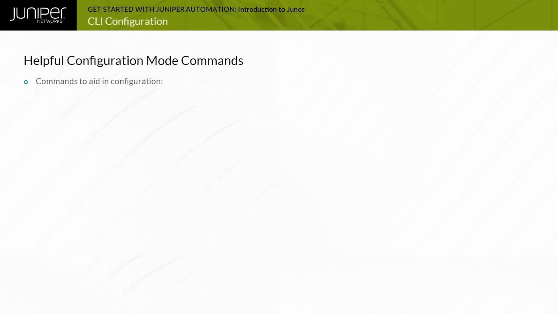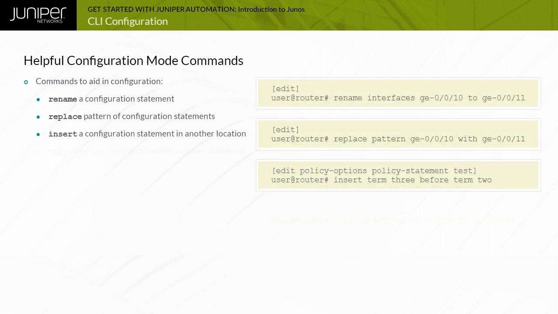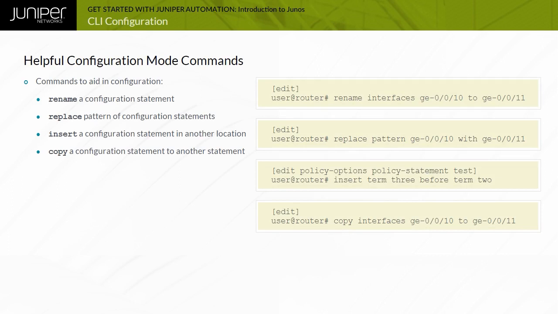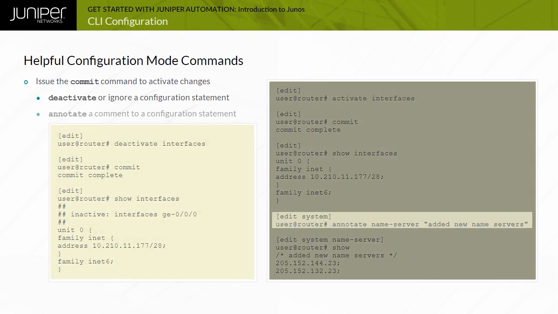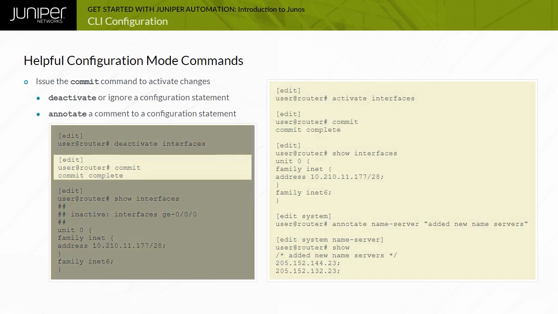Using the configuration commands, such as rename, replace, insert, and copy, can increase efficiency. Regardless of the method and commands you use to update your configuration file, you must issue the commit command to activate changes. This example shows the deactivate, activate, annotate, and commit commands and their output.